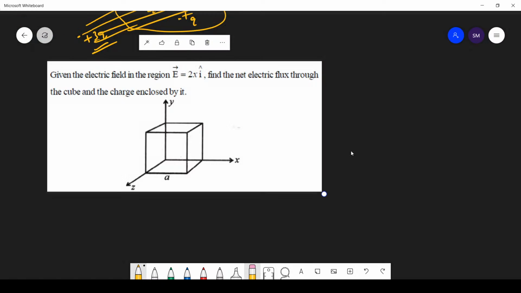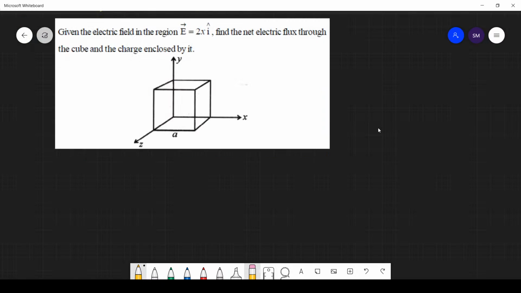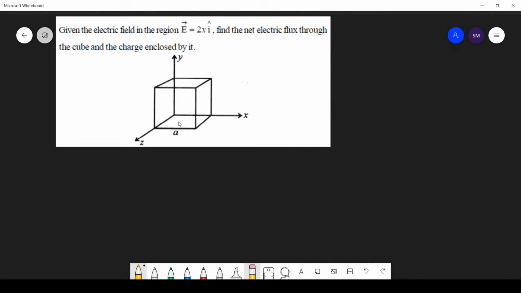The electric field is given to you in this region, and it is given by E equals 2x i cap. So it is varying with the position, and it is in the x direction. This is the direction of the electric field and its magnitude is 2x. So it is varying.